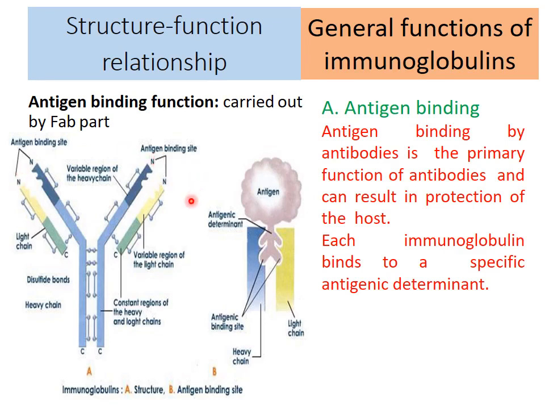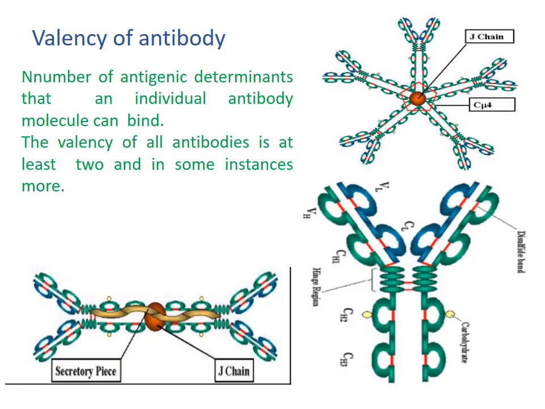So in a single immunoglobulin molecule there are two such regions, number 1 and number 2. So any antibody molecule or immunoglobulin molecule can bind with two antigenic determinants. So the minimum valency for antibodies or immunoglobulins is 2. Now, what is valency?